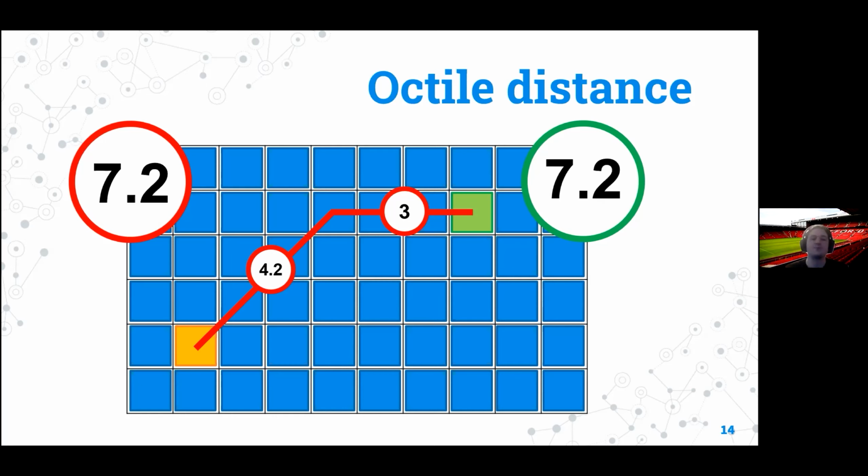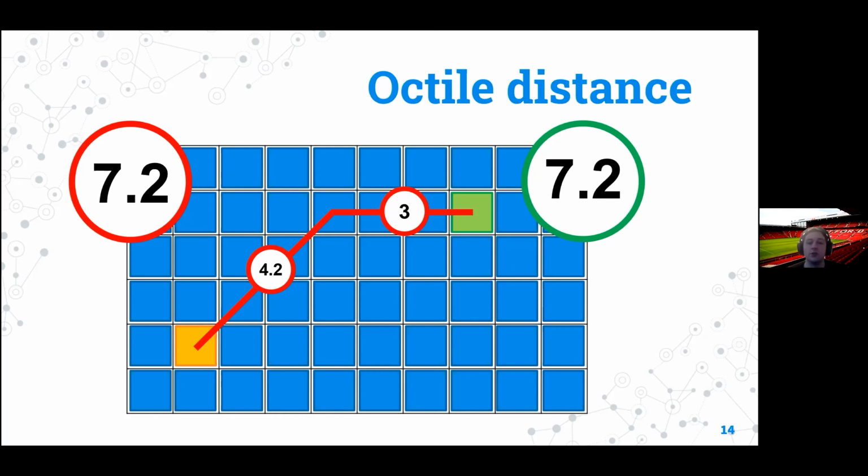So if we look at the actual distance to goal here, it would be 7.2, and our octile distance is showing us 7.2. So that's 3 moves diagonally for 4.2, and 3 moves horizontally for 3. So that again is perfectly assessing the distance to the goal.